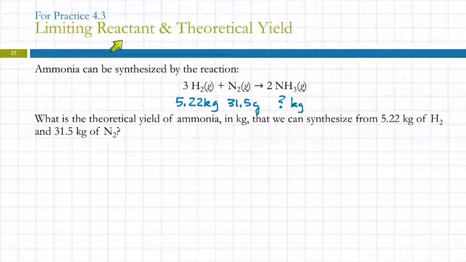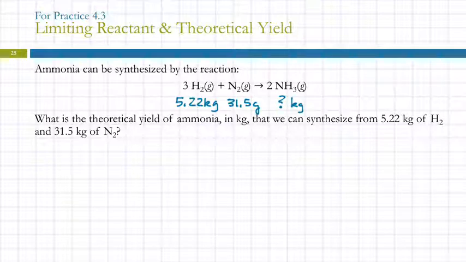So we know this is a limiting reactant problem because it says so up there. But what if you're just given this problem on an exam without any title on it? How do you know that it's a limiting reactant problem, that you need to do two calculations? Well, you're given two masses. You have two reactants, and they give you the mass of each of them.